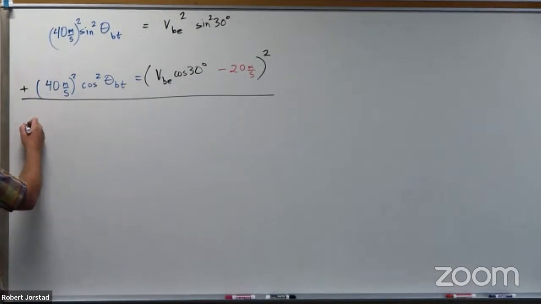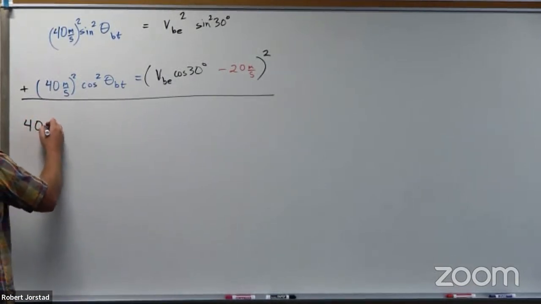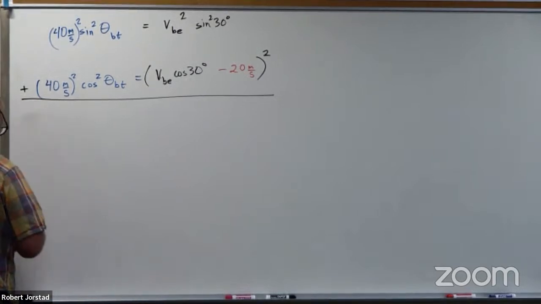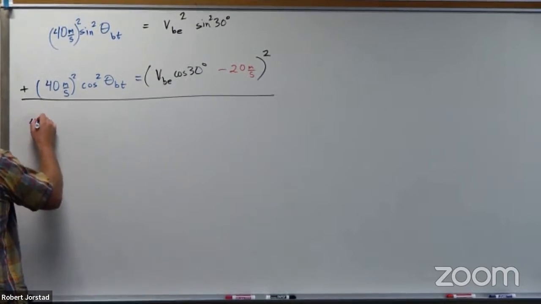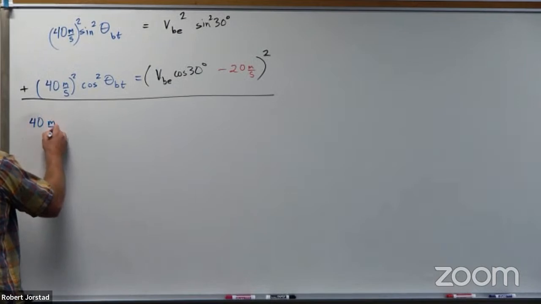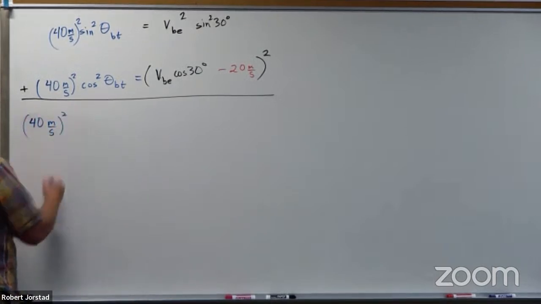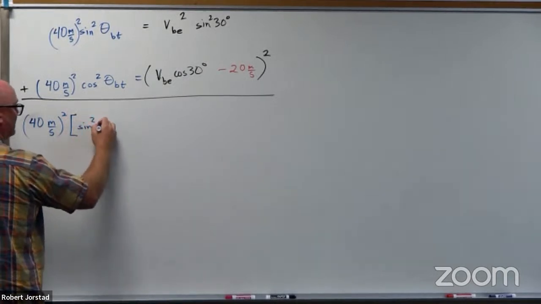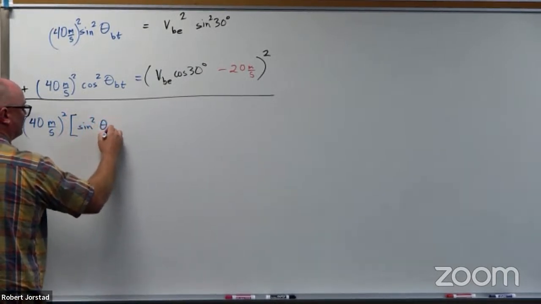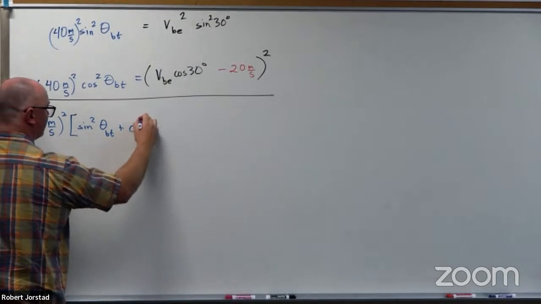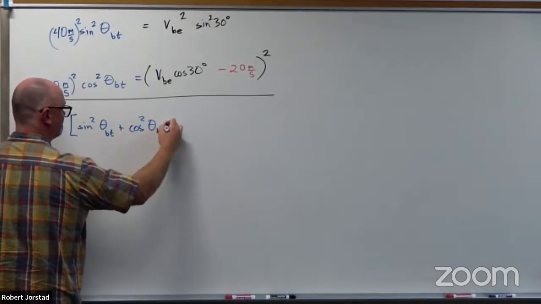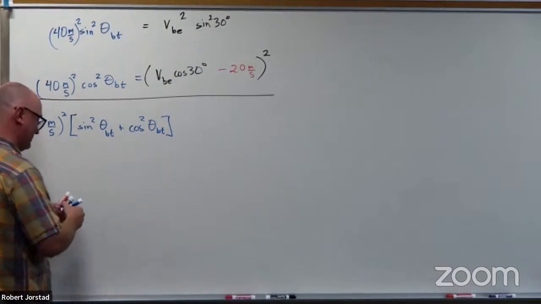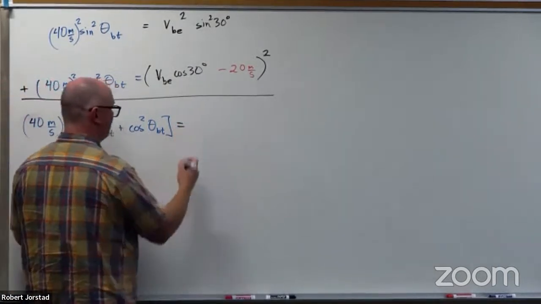On this side, notice you're going to get 40 meters per second quantity squared times sine squared. By the way, I'll tell you a shortcut after the end. You might be saying, could I have just used the law of cosines?